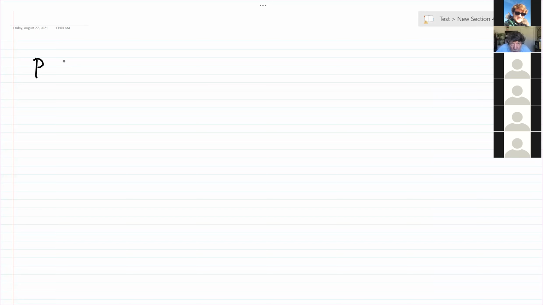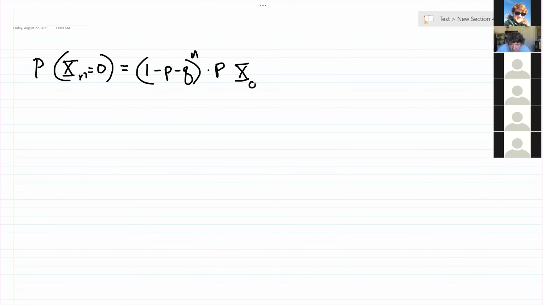P at time n equaling 0, the probability that at time n you're broken, is 1 minus p minus q to the n times the probability that initially you're broken, plus q times the sum from j equals 0 to n minus 1 of 1 minus p minus q, all of that to the j power.